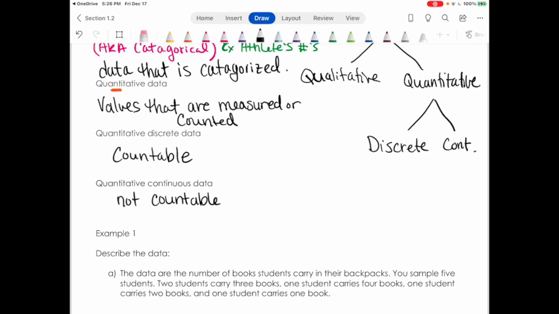So an example of something that is continuous would be when you measure something, for example, someone's height. You could say someone is 5.5 feet. You can say someone is 5.6 feet. And then you can even find a number in between there.